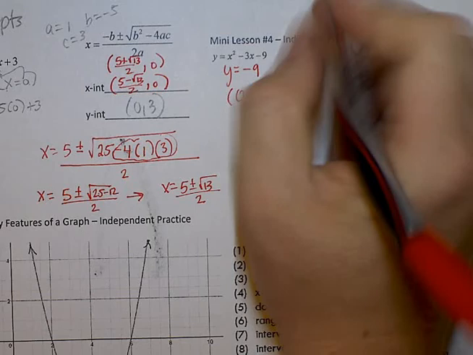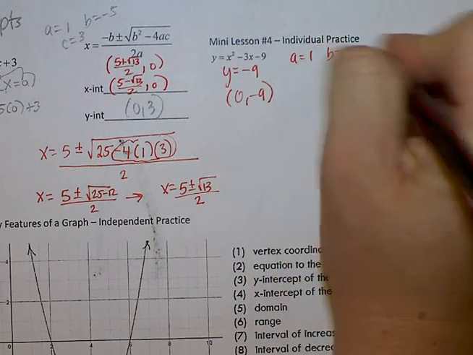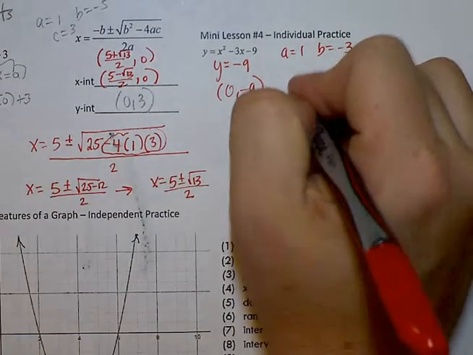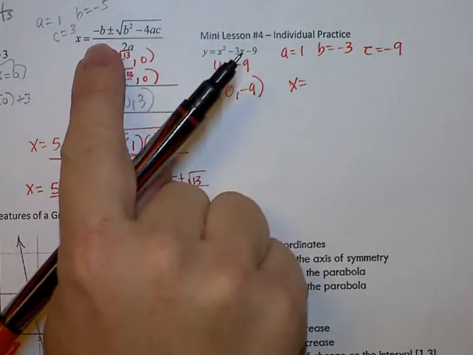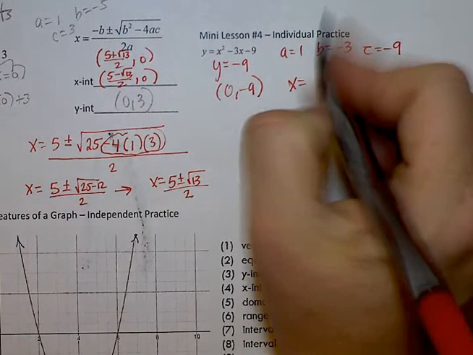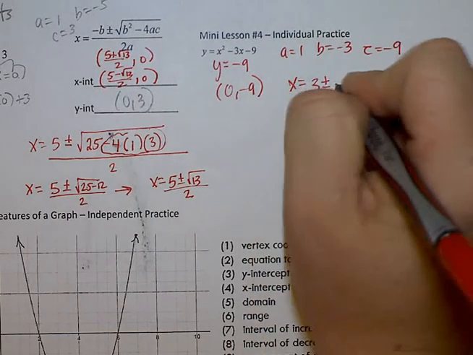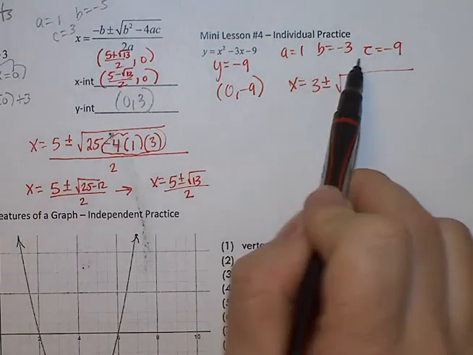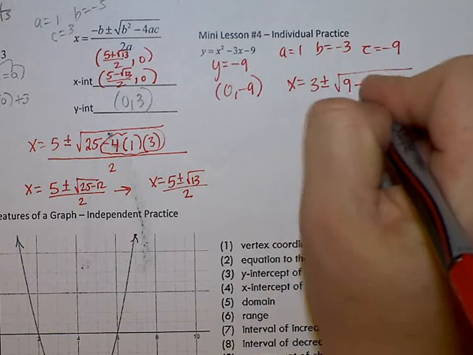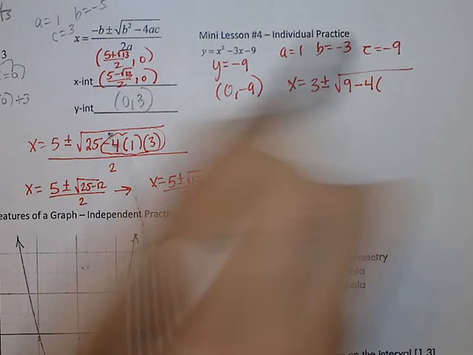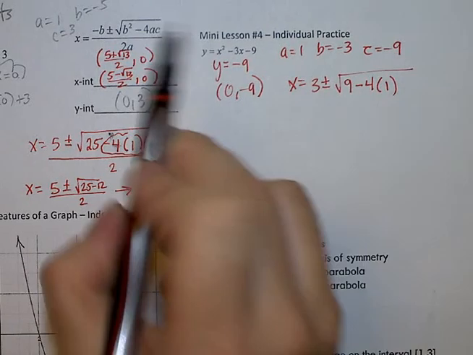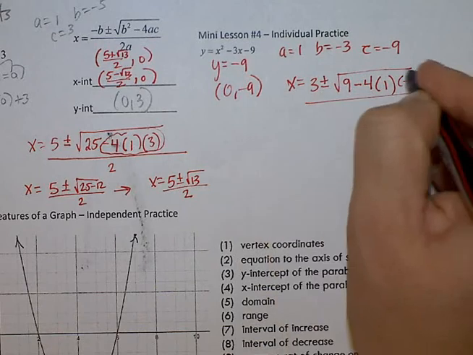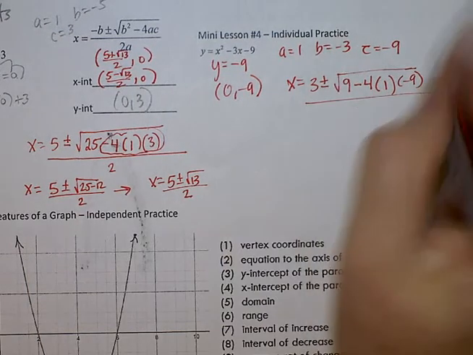X-intercept, in this case, A is 1, B is negative 3, and C is negative 9. Again, we start with negative B, so opposite sign of B would make this a positive 3, plus or minus. Now I want to square the B, so negative 3 times negative 3 is 9, minus 4 times A times C, all divided by 2 times A. 2 times 1 is 2.